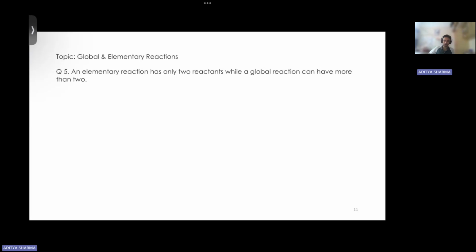It states that an elementary reaction has only two reactants, while a global reaction can have more than two. So whether this is a true statement or a false statement.